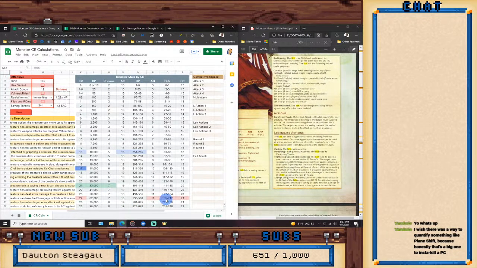Alright, so catching up on chat, I wish there was a way to quantify something like plane shift, because honestly that's a big one to insta-kill a PC. Yeah, plane shifting a player, let's see here, plane shift them to the negative energy plane or the plane of water, rest in peace. That's for sure. In essence, we could probably say something like plane shift would be just 200 points of damage and call it a day, like I've done with some of the other spells like the Sea Fury, for instance.